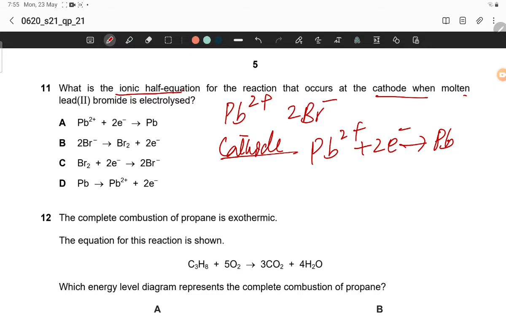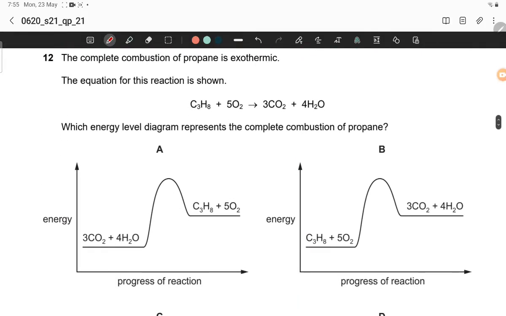What is the ionic half equation? Pb2 positive plus 2 electrons forms Pb, this must be correct. The Br2 one is incorrect, this is the anode reaction. This is also incorrect. This is incorrect because lead gains electrons. So A option is correct.